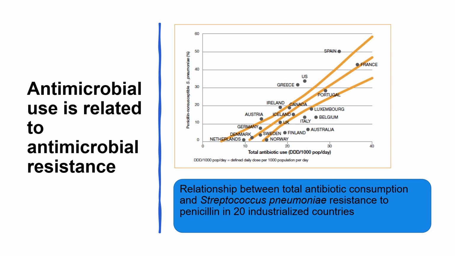This is plotted against outpatient use of penicillins in 20 industrialized countries. It clearly demonstrates the relationship of antibiotic usage with the development of penicillin resistance. The key takeaway message here is that as use has increased, so has resistance. Again, this is only showing one bacteria, but this is a trend that has been noted over multiple bacterial classes.